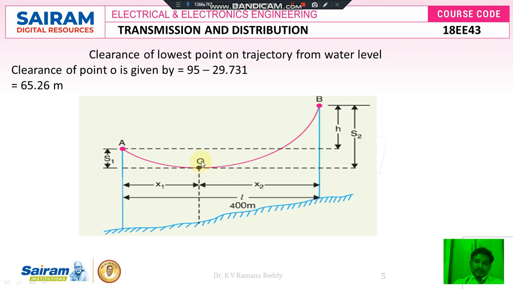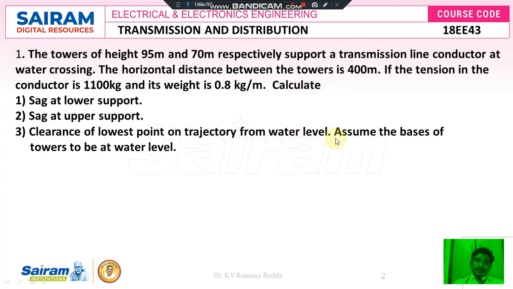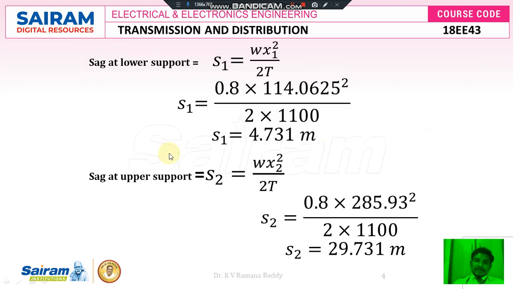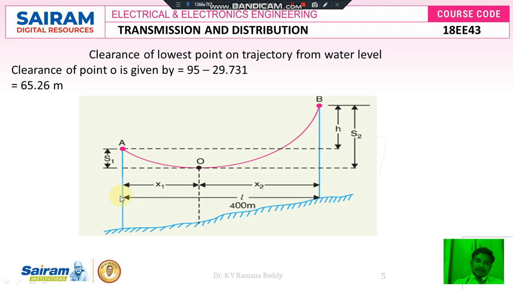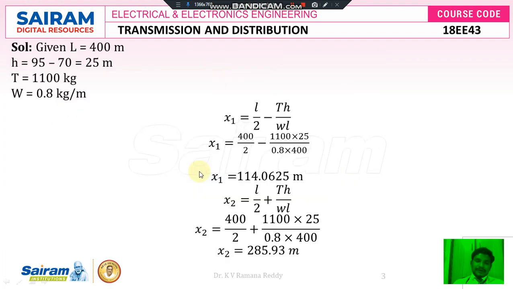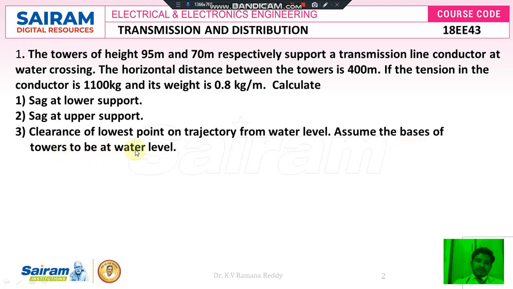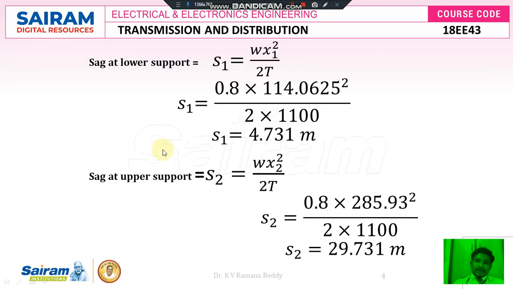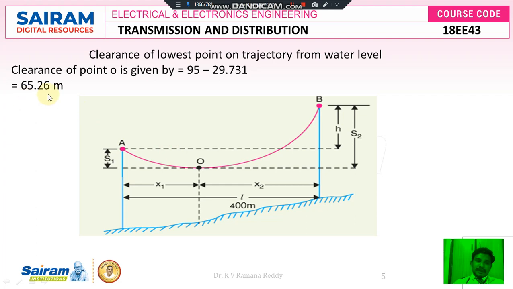In the given problem they gave very clear information: assume the bases of the towers are at water level. That means if the water level is like this arrow mark, then the distance from point O up to this line is 65.26 meters.